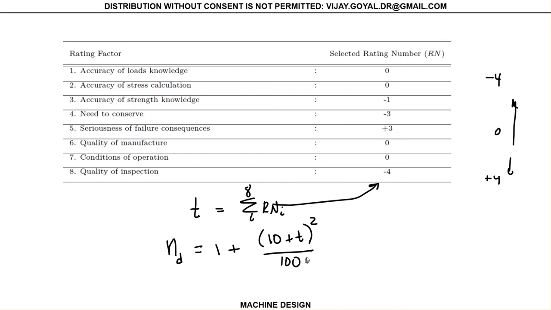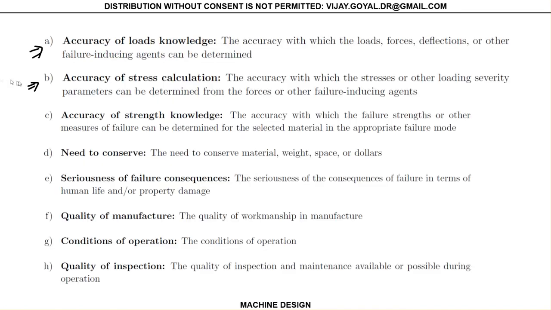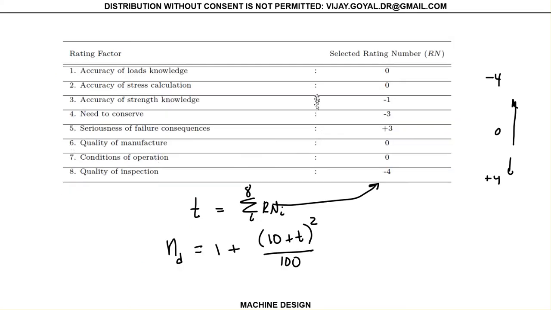This is what's going to give you what your design factor needs to be. It's a very systematic approach where you make this table with all these cases, and you just plug in the values.